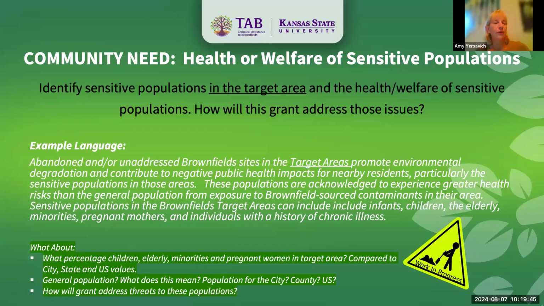If you're talking about the general population, saying compared to the general population it's greater doesn't really mean anything. That's a very generic term. So you want to make sure that you're very specific and looking at either a city, a county, the US, comparing and contrasting to known entities that people can relate to, and your reviewers can compare appropriately. And we don't talk about how the grant will address the threats to these populations, as I mentioned in my earlier slide. Next slide, please.